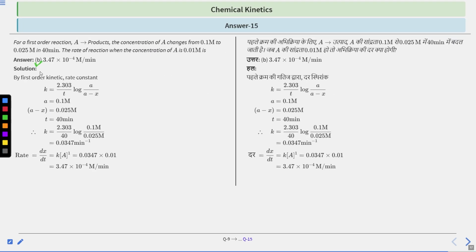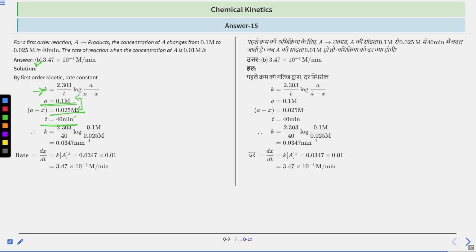So, by the first order kinetics, the rate constant will be equal to 2.303 divided by time log A upon A minus X, initial upon change in the initial concentration. A is given as 0.1. It is changing to 0.025. So A minus X will be 0.025. And T is given as 40 minutes for this concentration change process.